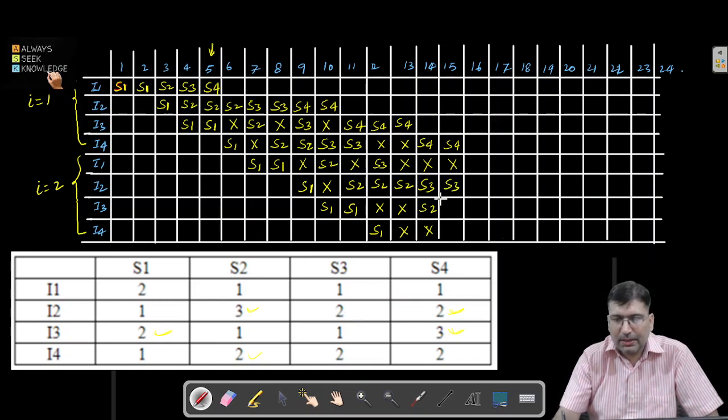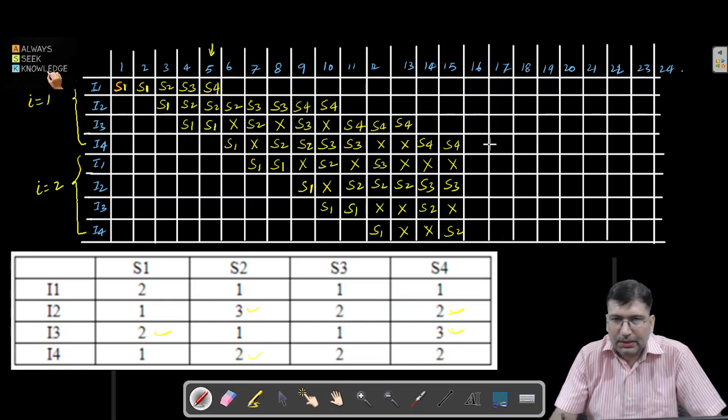It is still in S3, and I3 in S2 requires only 1 cycle, but it cannot move to S3. And I4 in S1 was requesting only 1 cycle, so here it can move to S2 because S2 is available here.